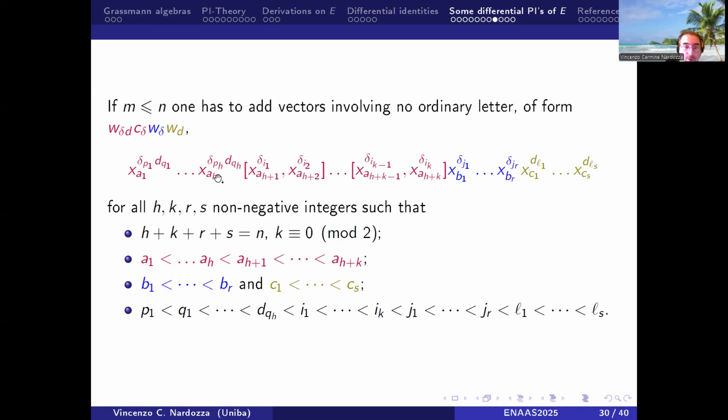A standard word on delta letters, doubly derived letters, then a product of commutators in the delta letters, and a standard word on delta letters, and then a standard word on D letters, satisfying these requirements.